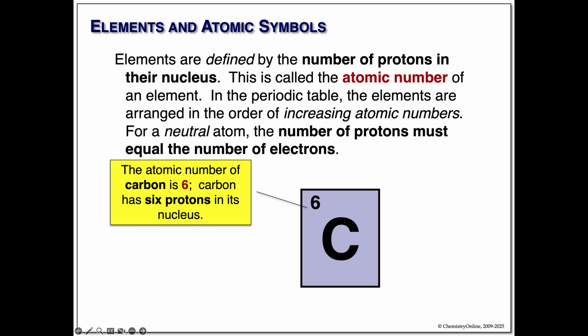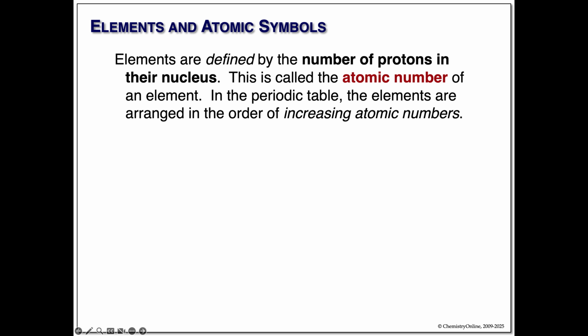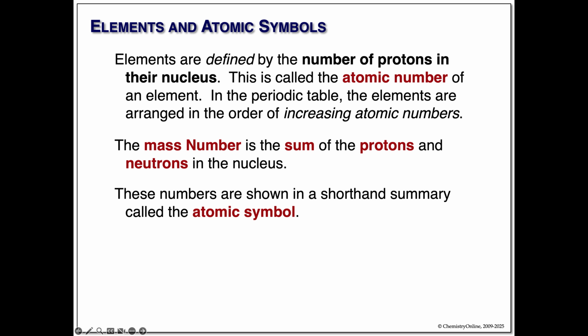All right, well, let's go way back to chapter 2. We talked about the notion of atomic symbols, elements. We said that the thing that defines what an element is the number of protons in the nucleus. Carbon has 6 protons. Anything with 6 protons is a carbon. We can show this using the atomic symbol, where we display the mass number, the number of protons in the nucleus, that's the atomic number, and we put them together in a symbol like this.